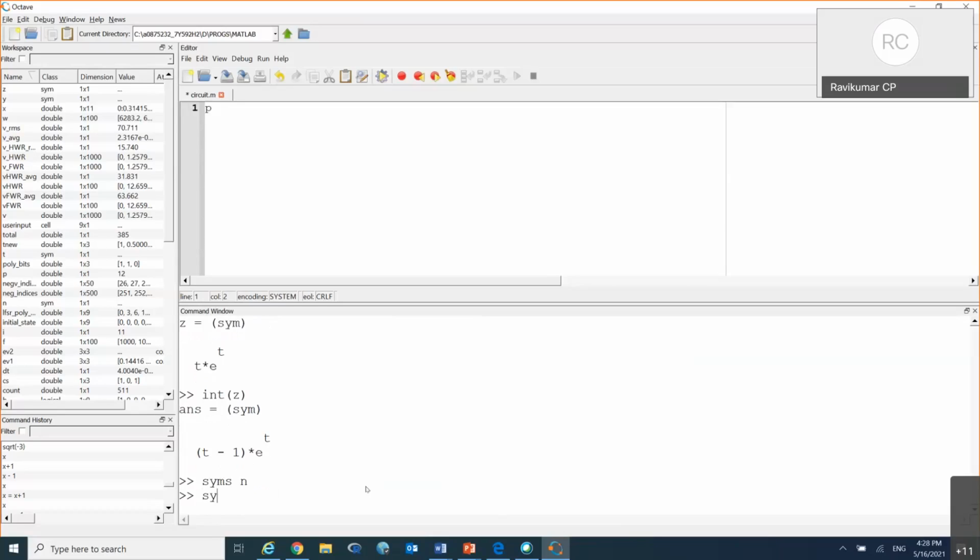Let us say symsum t from 1 to n. This means the sum of 1, 2, 3 up to n. So you may remember this formula, right? Any function I can write here of t, and then this is the lower limit and this is upper limit.